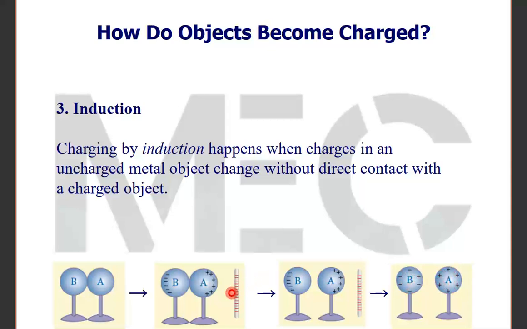We didn't use touch of this charged particle. Without touch, we applied this method. Because we applied it without direct touch, we call it induction. Okay, so induction is the third method. So the three methods are rubbing or friction, contact or conduction, and number 3 is induction, which is without touch.